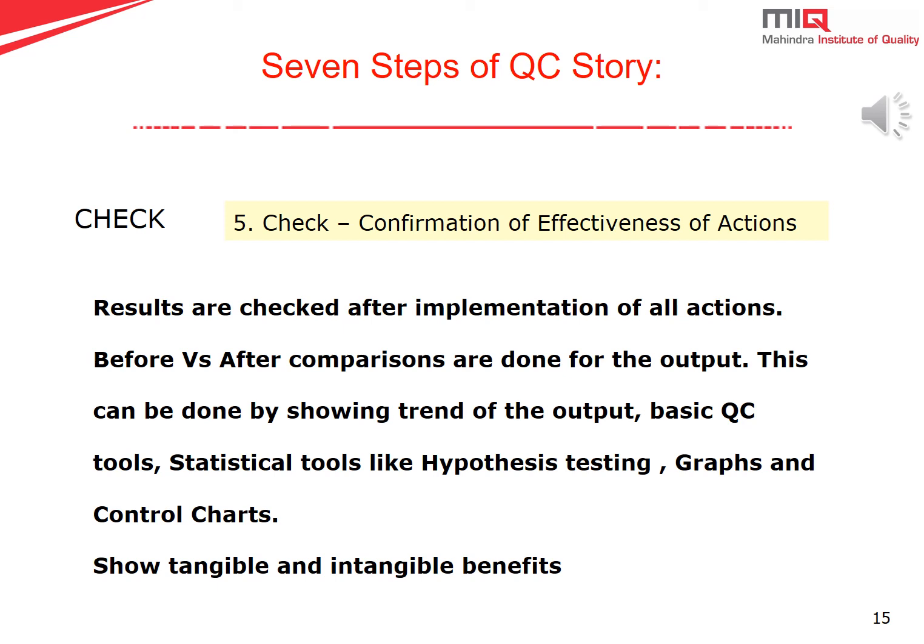Before versus after comparisons are done for the output. This can be done by showing trends of output, basic QC tools, statistical tools like hypothesis tests, graphs, and control charts. The benefits from the projects are quantified. Both tangible and intangible benefits are shown.